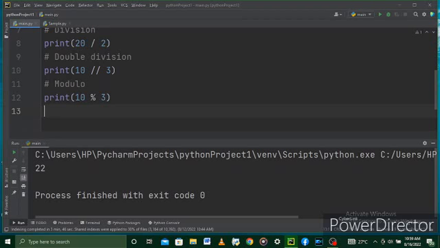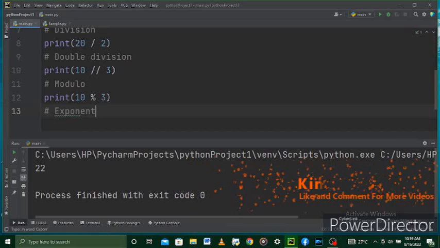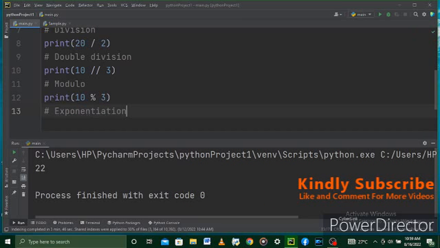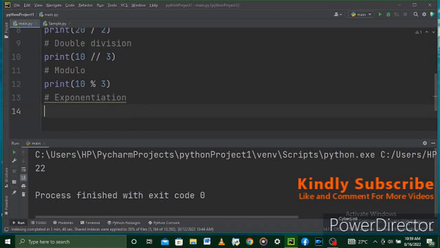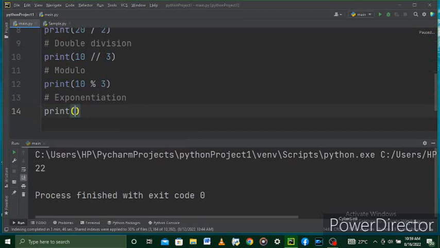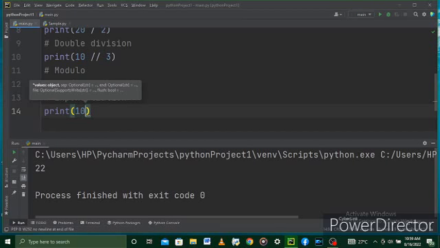Then the next we are going to be talking about is the exponentiation. This has to do with power. Let's say we have 10 raised to the power of 3, so we denote that with a double asterisk.